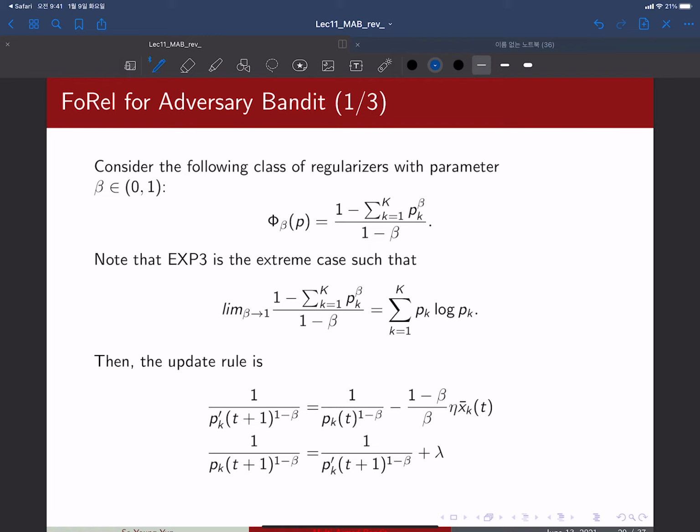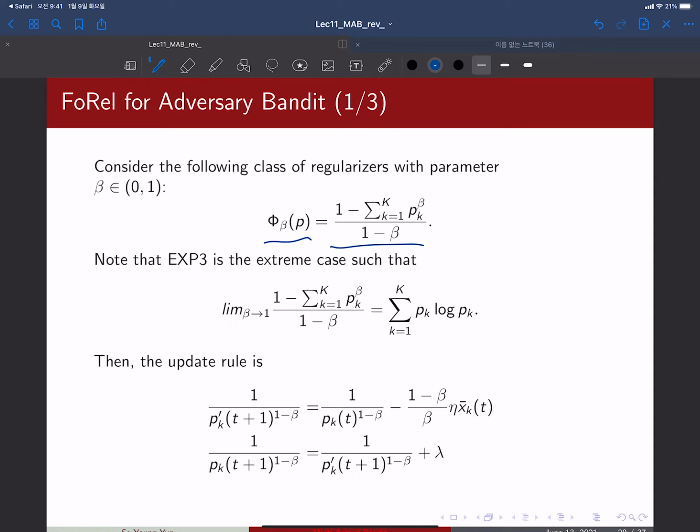That is the importance sampling technique. And for the adversarial bandit case, one common class of regularizer is the Tsallis beta function, defined as follows. And EXP3 is the extreme case when beta equals 1.